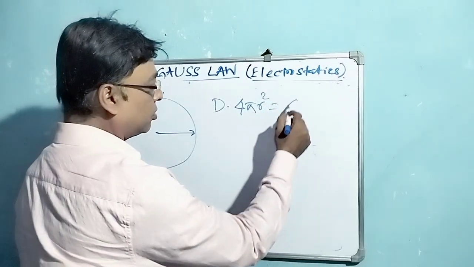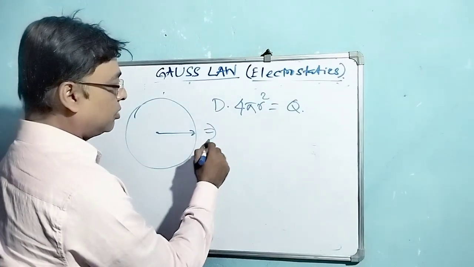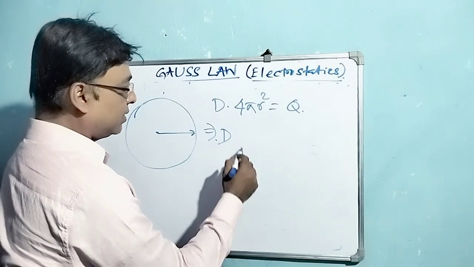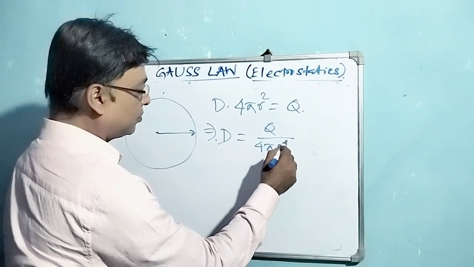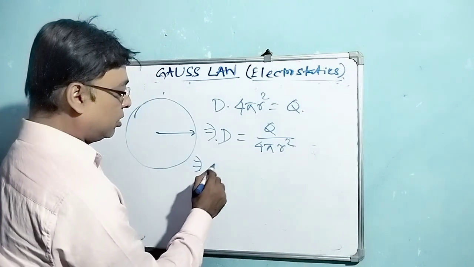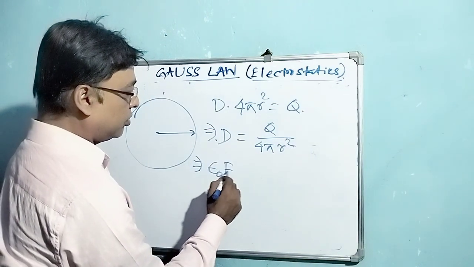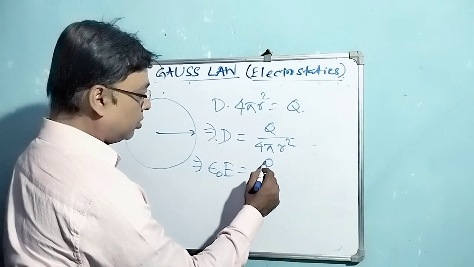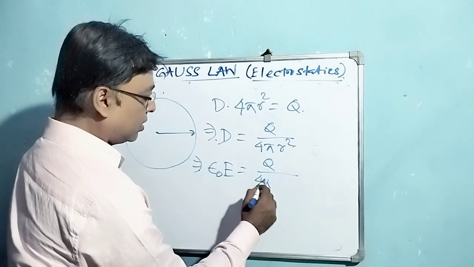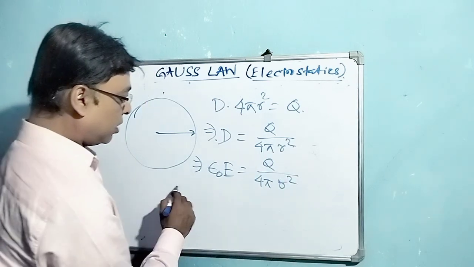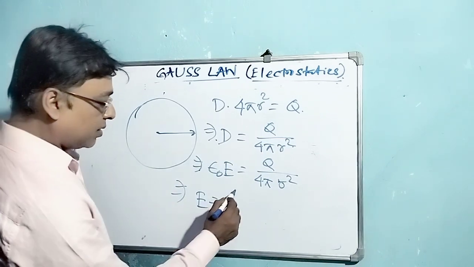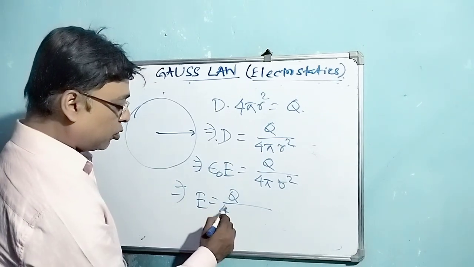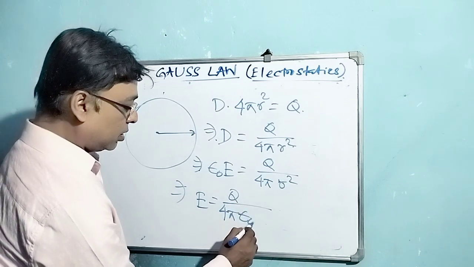So that is equal to Q. From that we can get D is equal to Q by 4 pi r square. Now D is again equal to epsilon 0 into E. So E is equal to Q by 4 pi epsilon 0 r square, that is the electric field intensity.